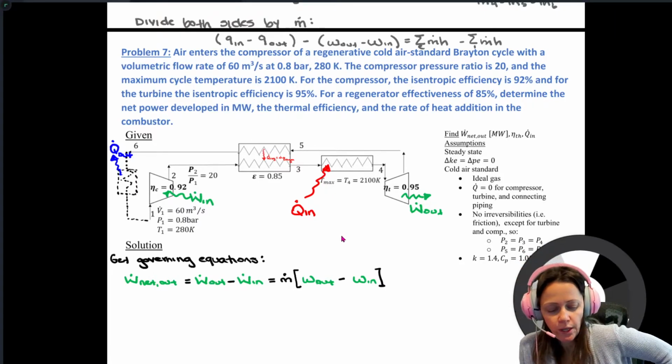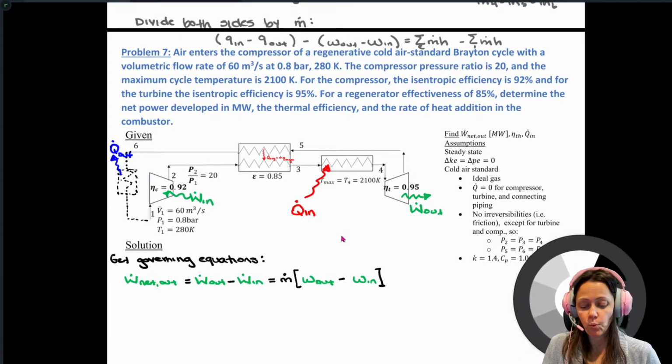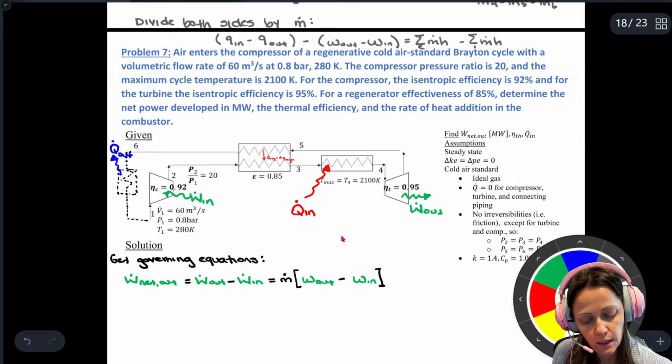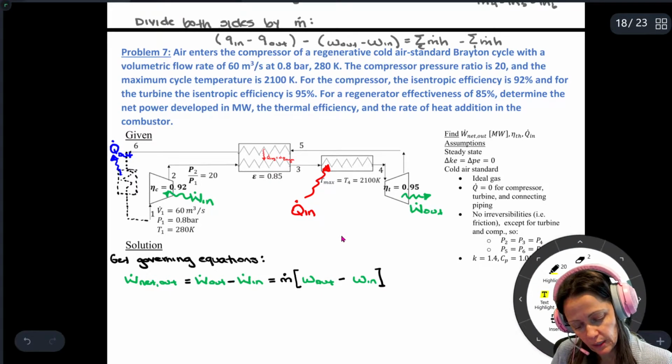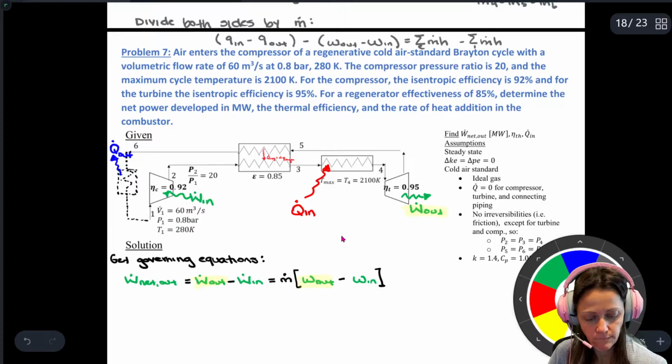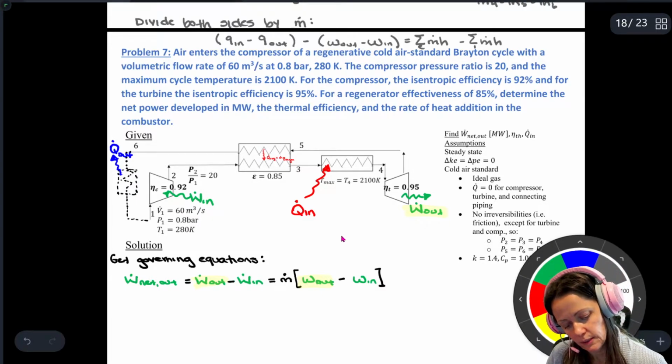And so the work out. If I applied my first law, I'm looking to define this part. Let's see. So that little w would be what?